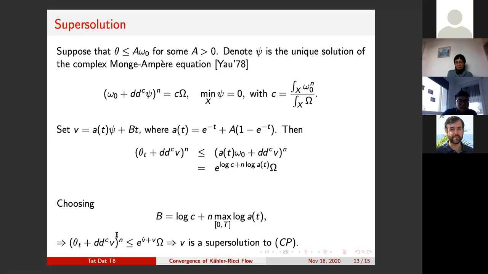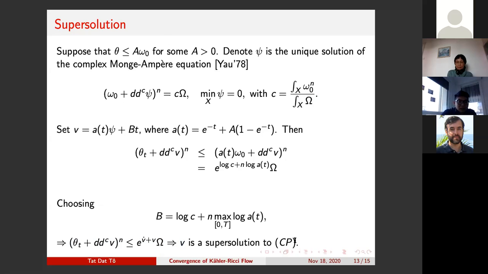You can see that in fact from this inequality we see that this volume form is less than this volume form. So from this inequality from pluripotential theory, we can see that in fact v is a viscosity subsolution for the Cauchy problem we are working on.